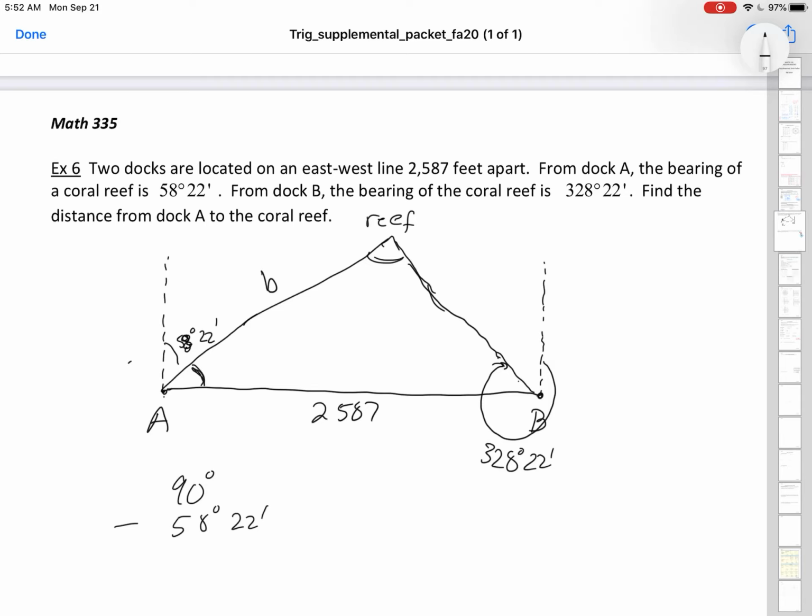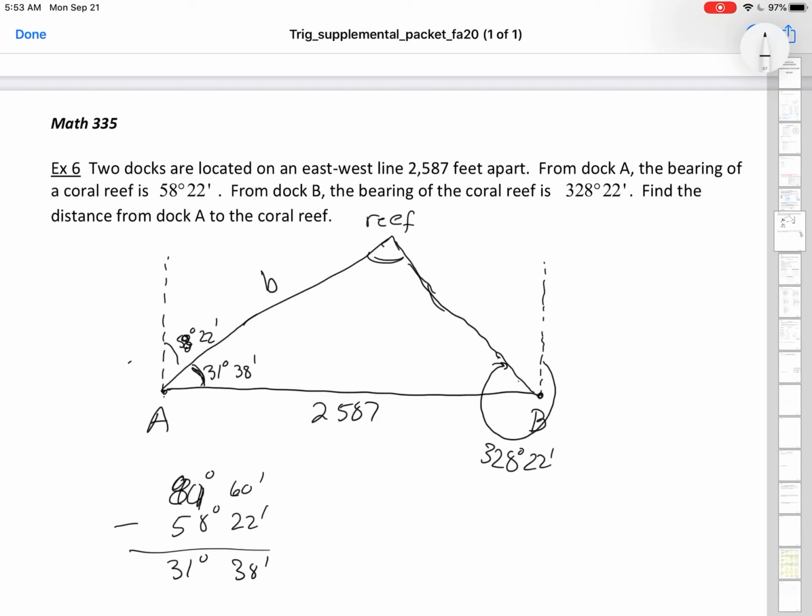So that's 89 degrees 60 minutes. 60 minus 22 gives 38 minutes, and 89 minus 58 gives 31 degrees. So I have 31 degrees 38 minutes right here. And then what do I have here?